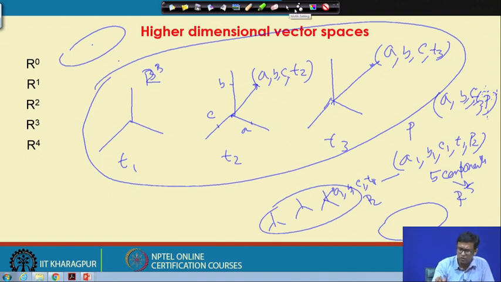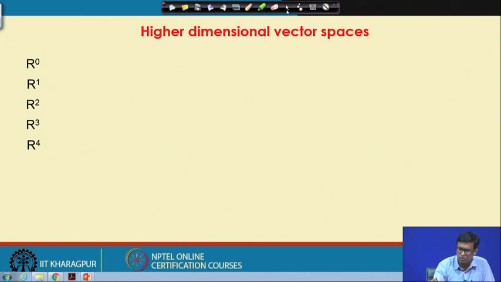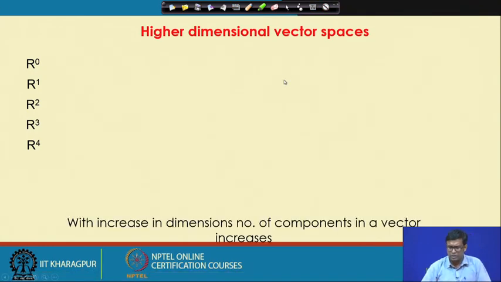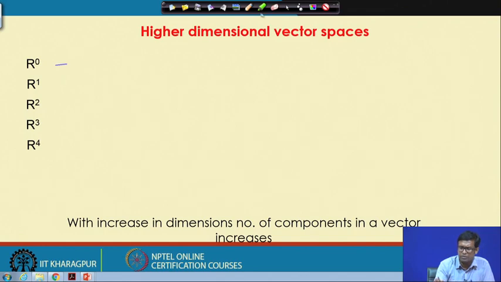So, with increase in dimensions of the vector space or of the real coordinate space, the number of components in a vector increases, and that is how we start from R0 where there is no component. We basically know it is the origin, it is a 0 vector, and we do not even have to write any component.